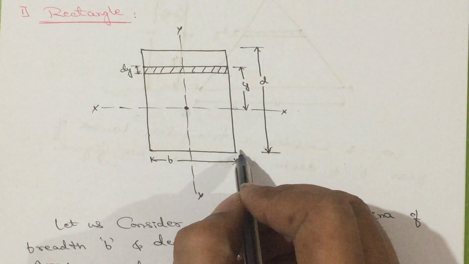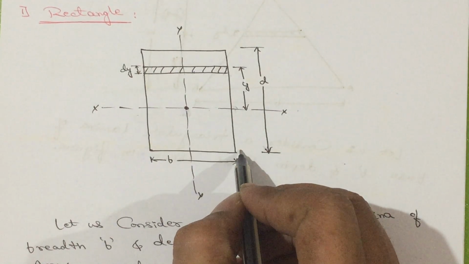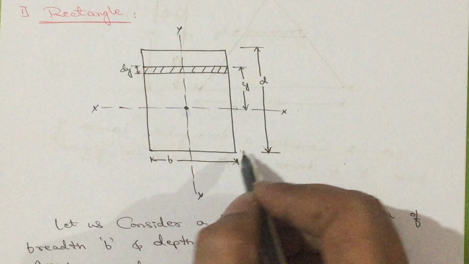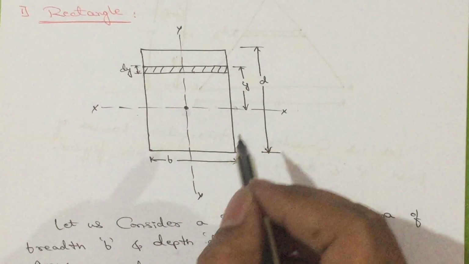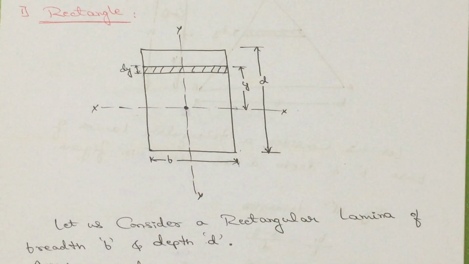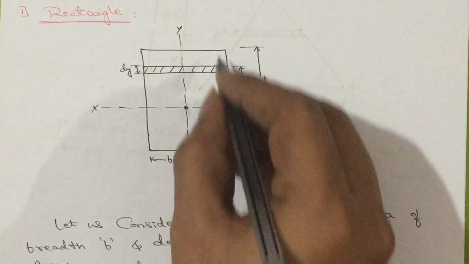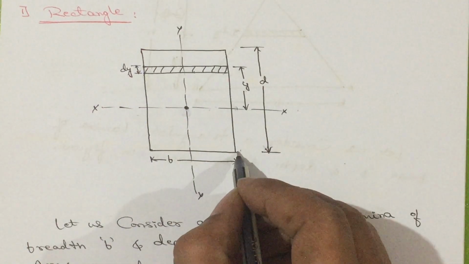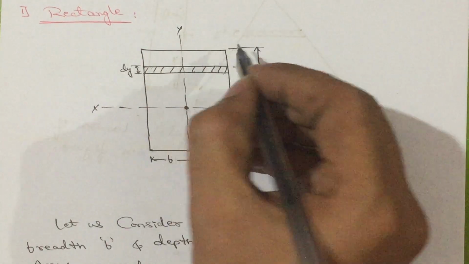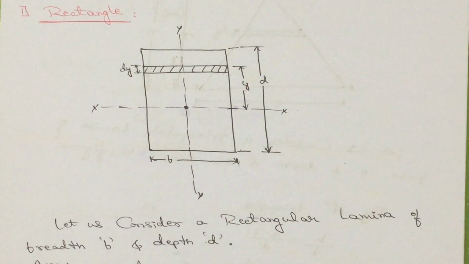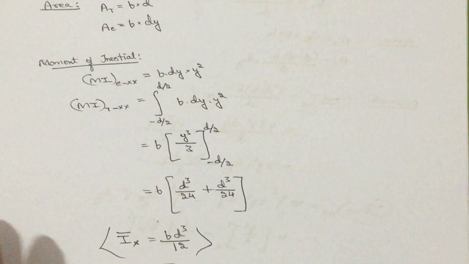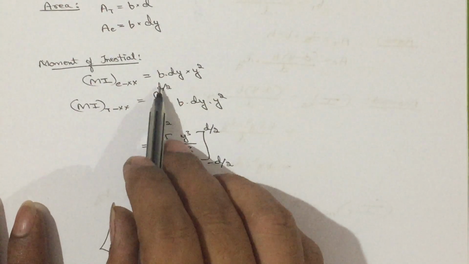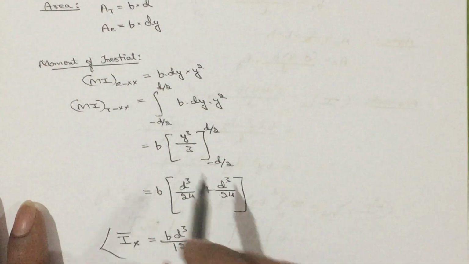From here to here the distance is d by 2, below, so it will become minus d by 2. From here to here the distance is d by 2, above, so it will become plus d by 2. So, the range in the vertical is from minus d by 2 to plus d by 2, with this being 0. So the limit will be minus d by 2 to plus d by 2, that is total d only.